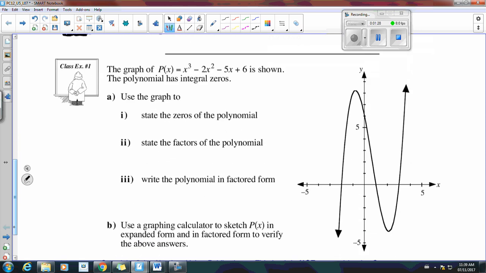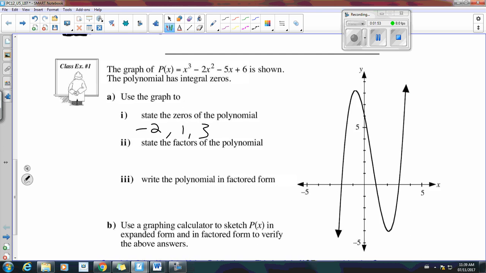So the graph of p of x equals x cubed minus 2x squared minus 5x plus 6 is shown. The polynomial has integral zeros, so that means each x-intercept is going to be an integer. Using the graph, state the zeros. Well, it looks like we have a scale of 1 on the x-axis, so we can say, sorry, not -4, -2, 1, and 3.